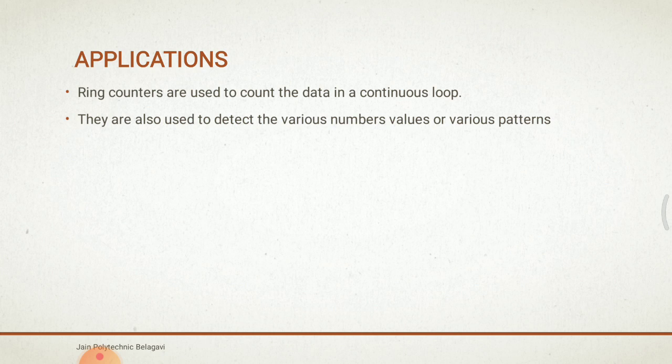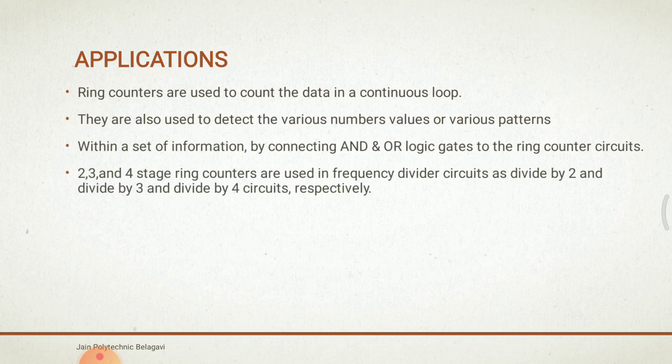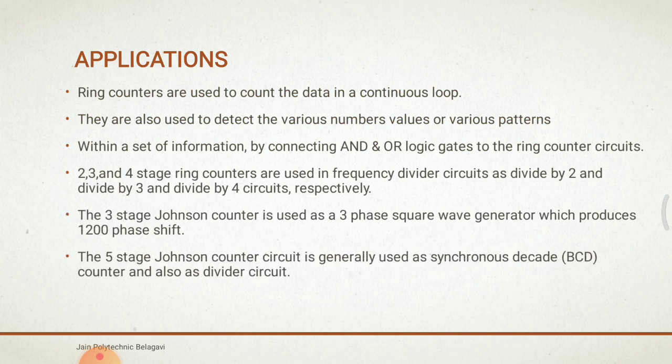The 3-stage Johnson counter is used as a 3-phase square wave generator which produces 120 degree phase shifts. The 5-stage Johnson counter is generally used as a synchronous decade counter and a BCD divider circuit.